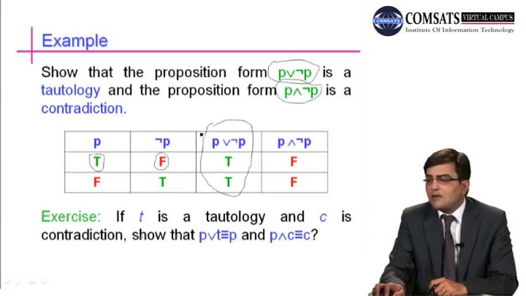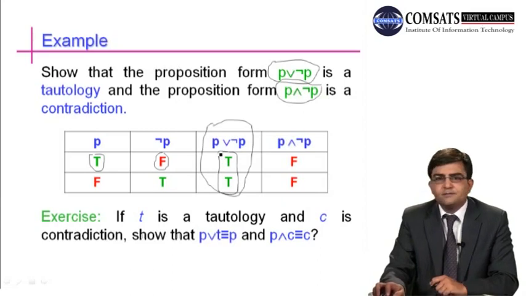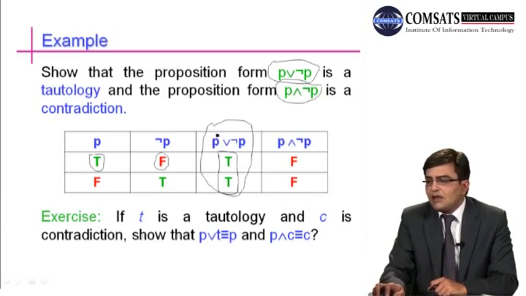What does it mean? It means the compound proposition has all the truth values as true, and we don't care about the individual truth values of P and not P. We can see that there are false values in the truth table of P and not P in these columns.